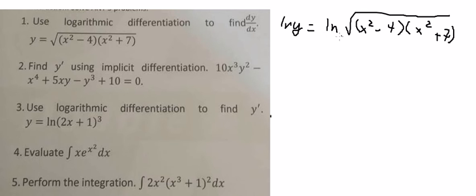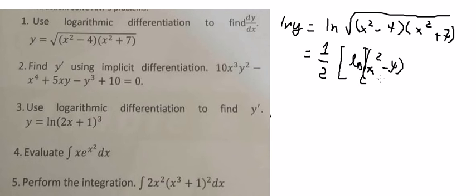In this situation, you have the square root, and that should be 1 over 2, for this one inside the bracket.